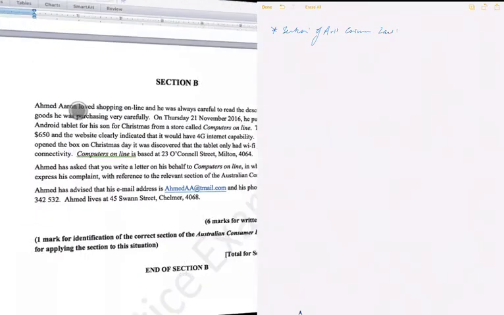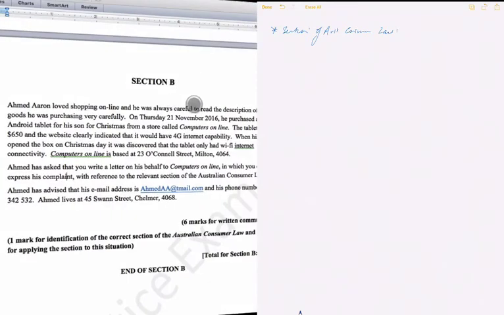So the website described it as having 4G capability, but it doesn't. Given we don't think there's anything else wrong with it and he hasn't disclosed a purpose, I think our best section here is section 56, matches description.